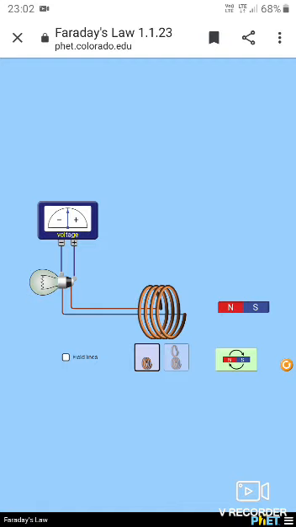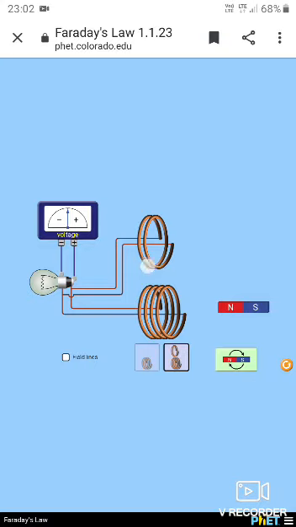Now instead of this coil, I'll consider one more coil having a lesser number of turns. Here I've got 2, and in the earlier case I had 4 turns. Now what we have to check is how the number of turns of the coil influences the induced EMF or induced current in the circuit.